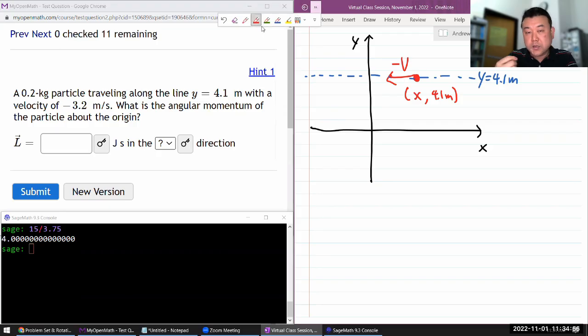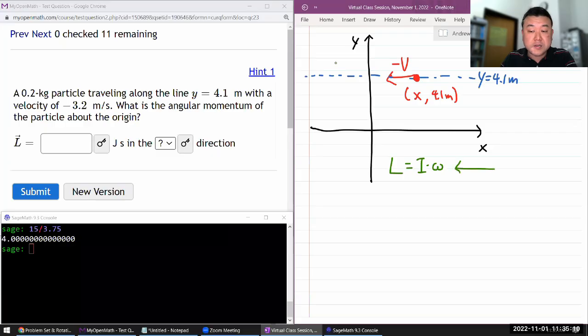So when we were initially talking about angular momentum, we used this shortcut expression: angular momentum is rotational inertia times angular velocity. This is done in analogy with the momentum equal to mv.